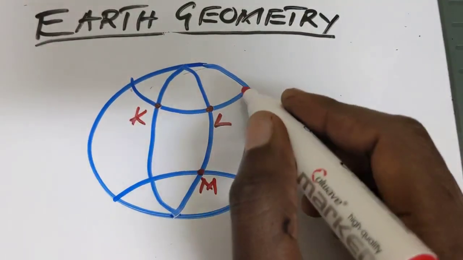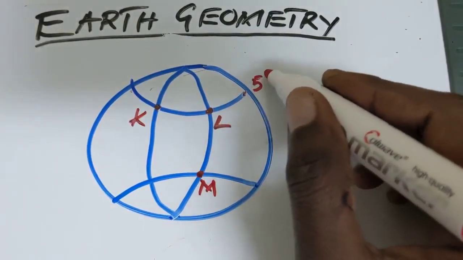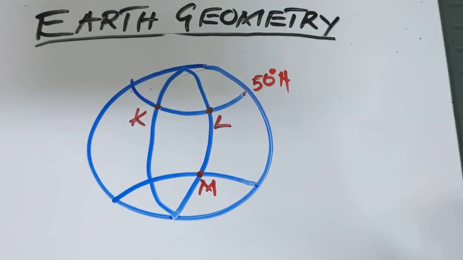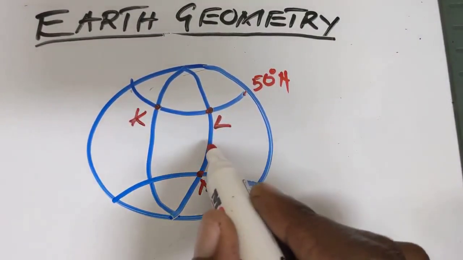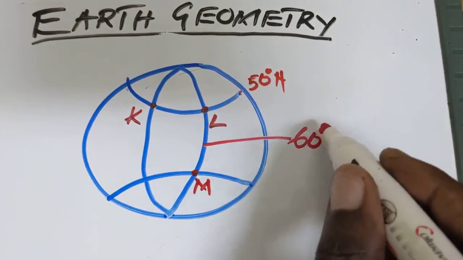This latitude right here was 50 degrees north, like that. Then this longitude was 60 degrees east.